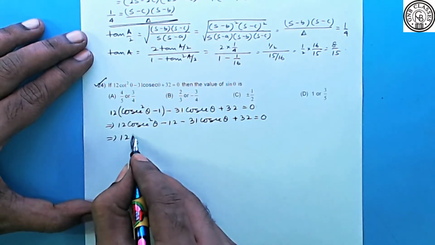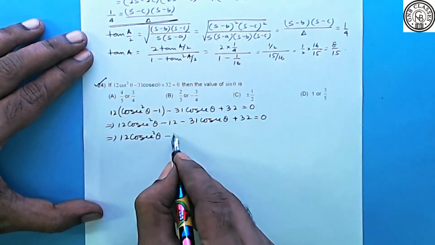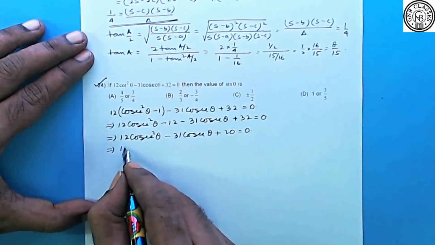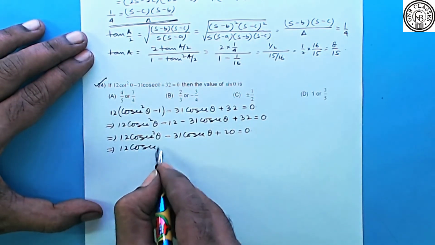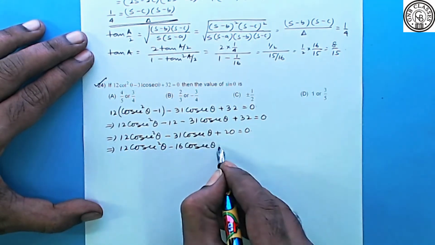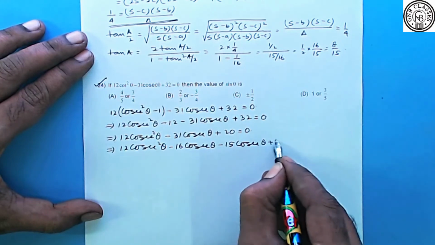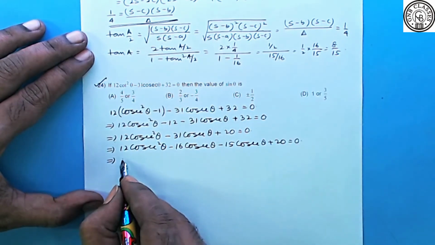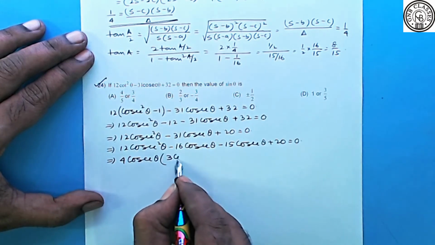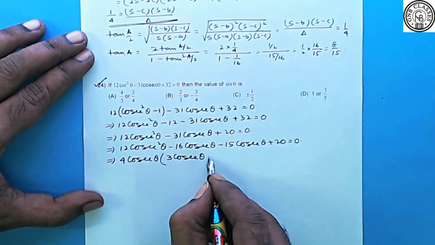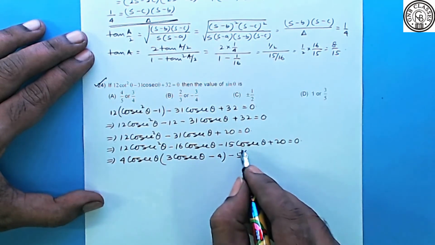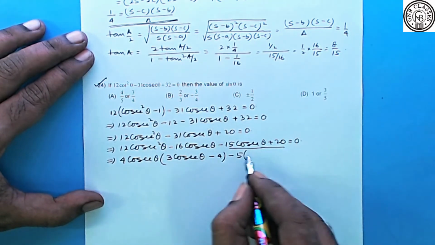So we are having, let me just go for middle term breaking. Let us take 4 cosec theta common. And let me take 5 common from this second expression.